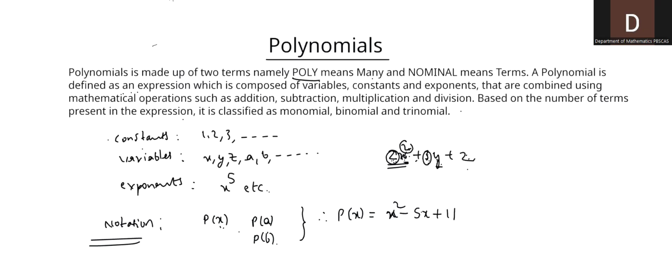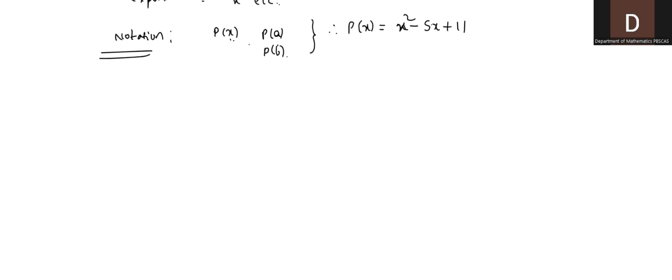Okay, and next, the degree of the polynomial. The highest power of a variable in a polynomial expression is the degree of the polynomial.